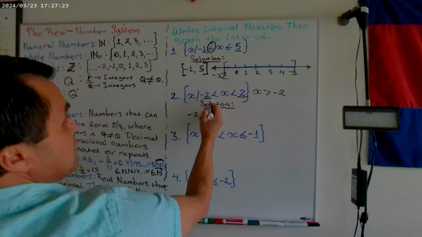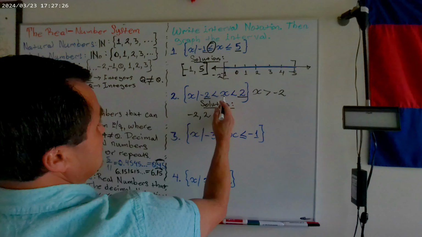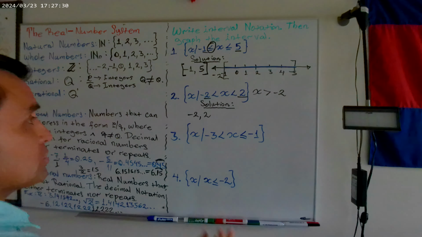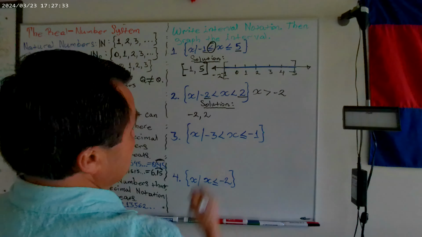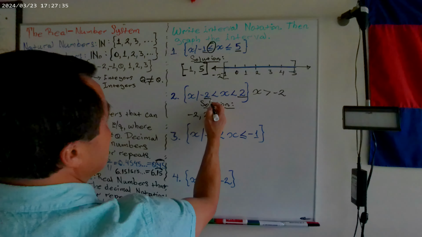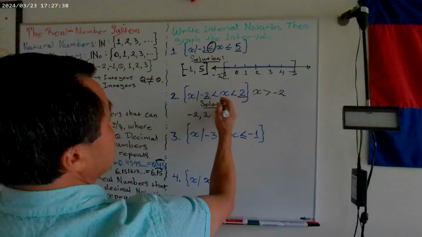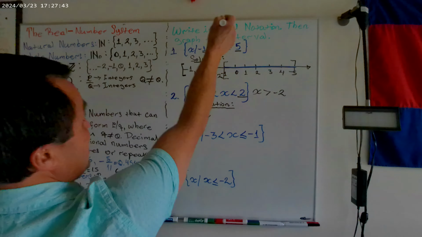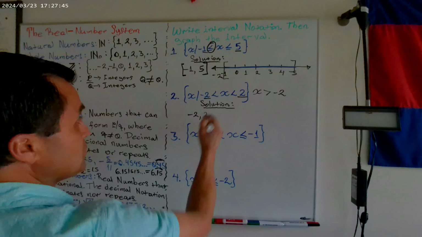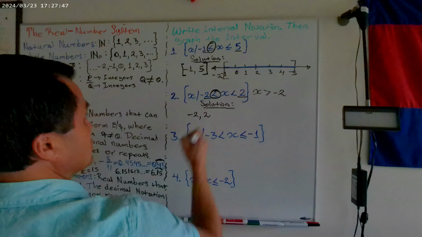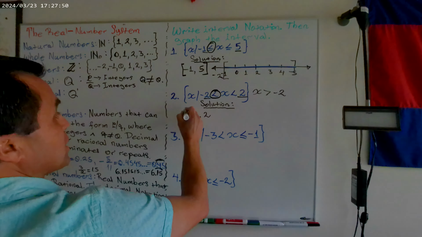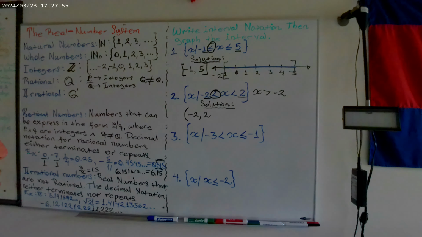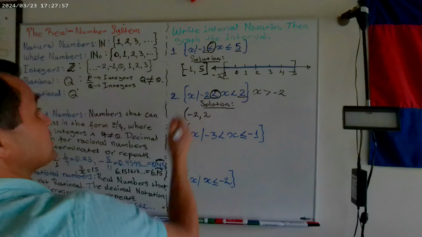Let's go back to the exercise. If minus 2 is less than x, that means x is greater than minus 2. So the question to you is, is minus 2 included, yes or no? No, it is not, because it says x is greater than minus 2. It doesn't say, like in the previous example, greater than or equal. In this case, it's just greater than minus 2, so we represent it with a parenthesis.